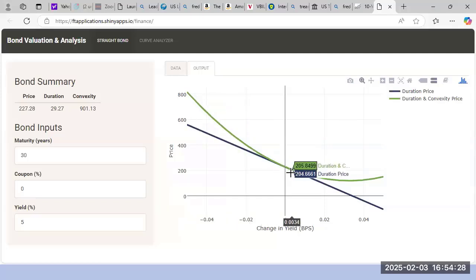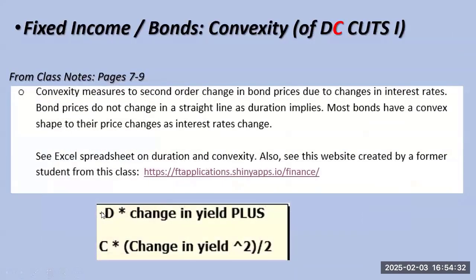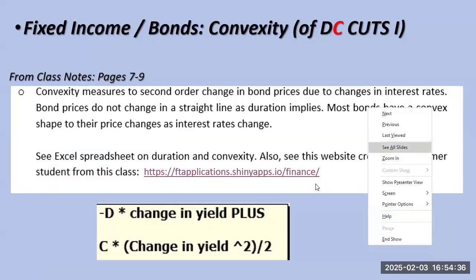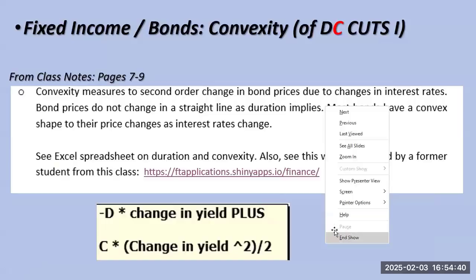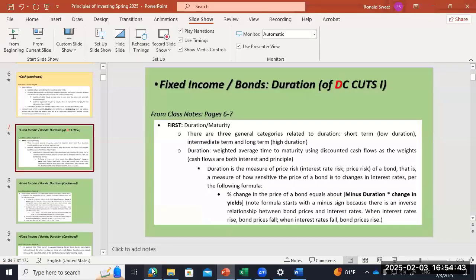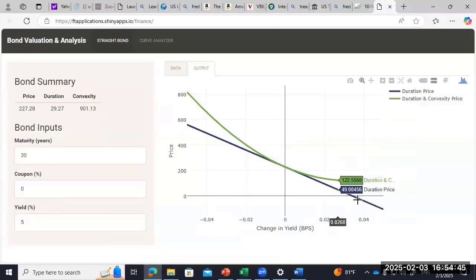This blue line is using this formula, minus duration times the change in yield. Right? It's a straight line.